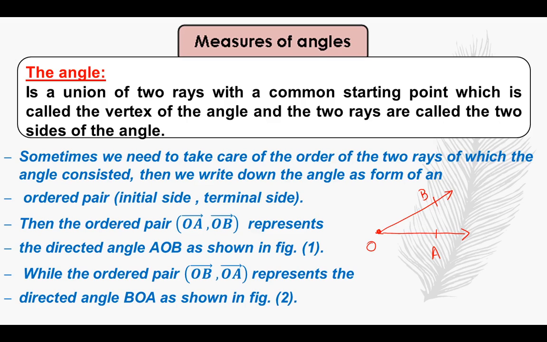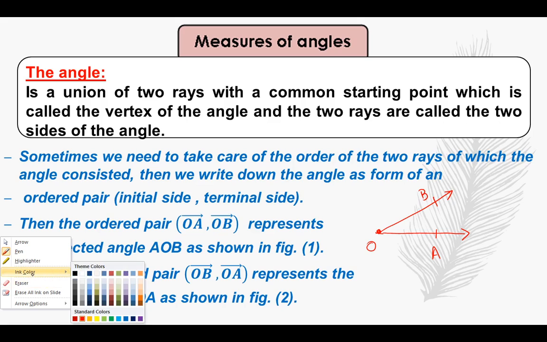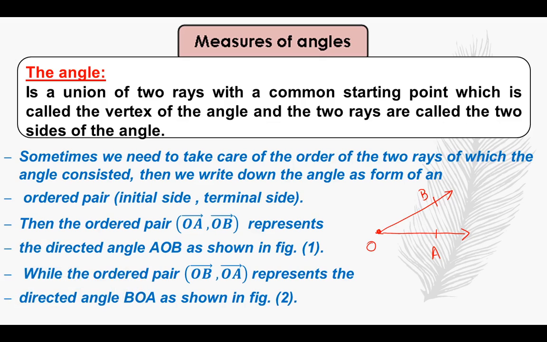So here, if we start with the ray OA, OA is called the initial side and OB is called the terminal side, and the angle in this case will be called angle AOB.